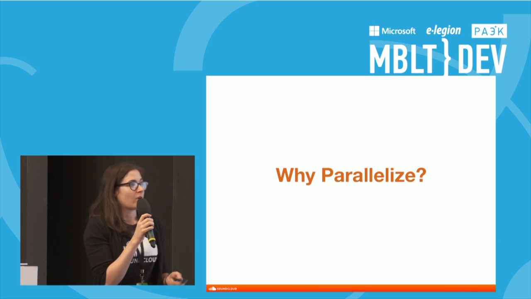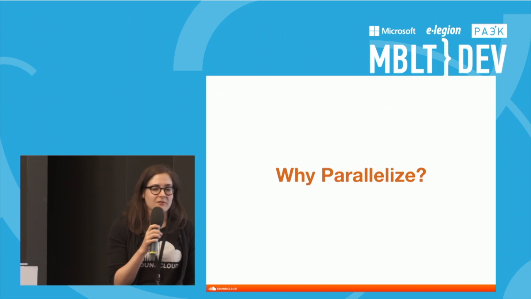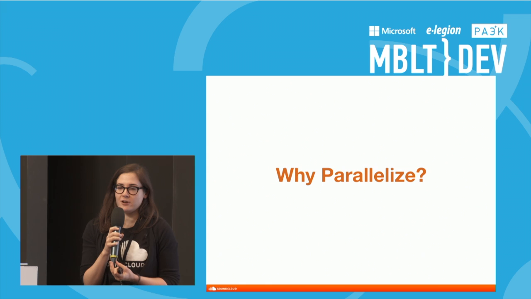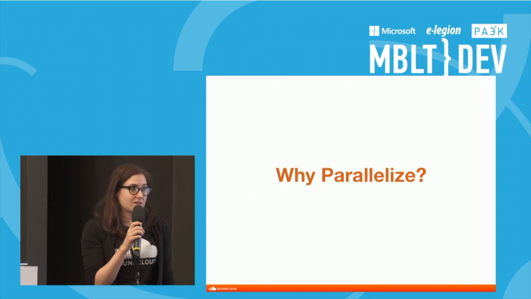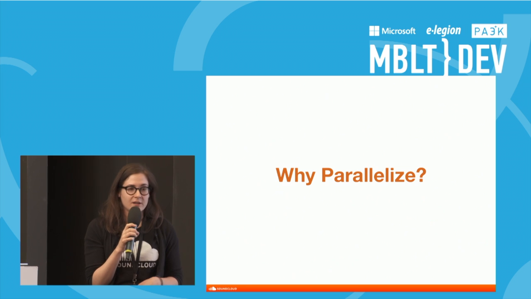So why parallelize? We found that the benefits we got from running our tests in series on a bunch of different devices didn't outweigh the benefits of running tests faster by splitting them up over many similar devices.